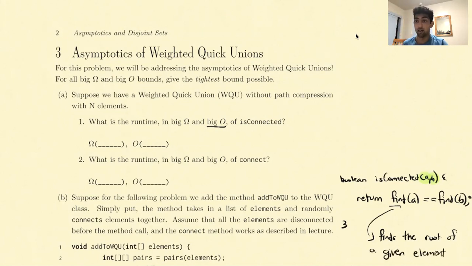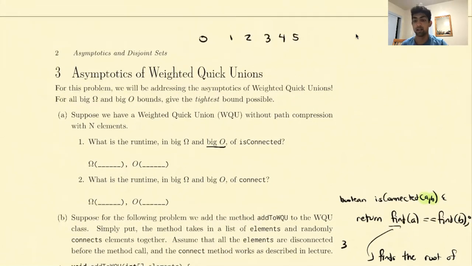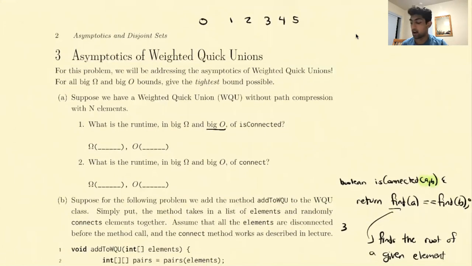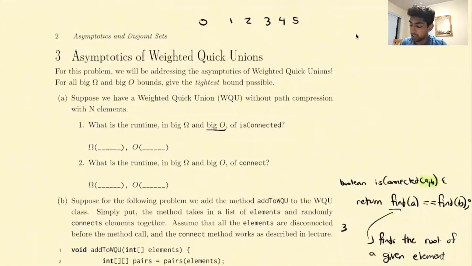Recall that in a weighted quick union, we represent each component as a tree. Suppose we have the elements 0, 1, 2, 3, 4, 5 in a weighted quick union. Let's say we have one group containing the elements 0, 1, 2, 3.